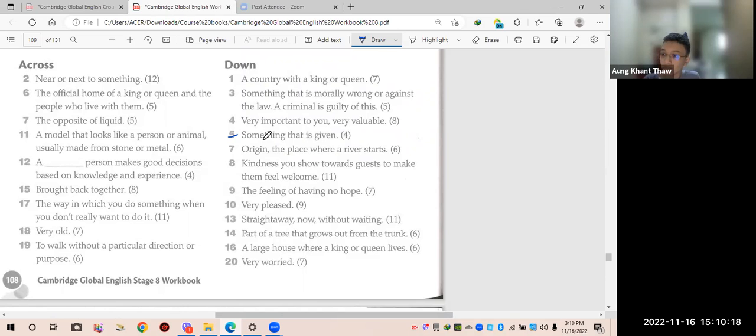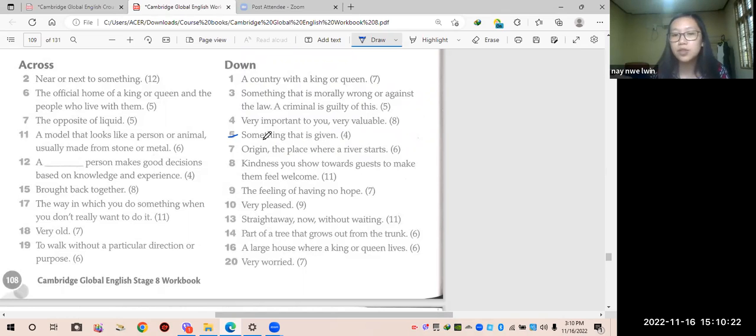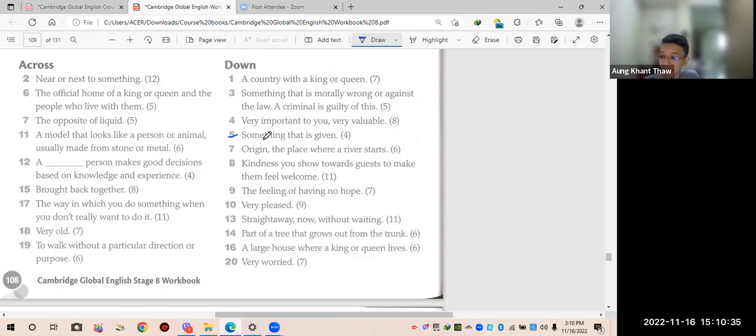Immediately. Yes, correct. And 14, part of a tree that grows out from the trunk. What is that part? Branch. Yes, correct.